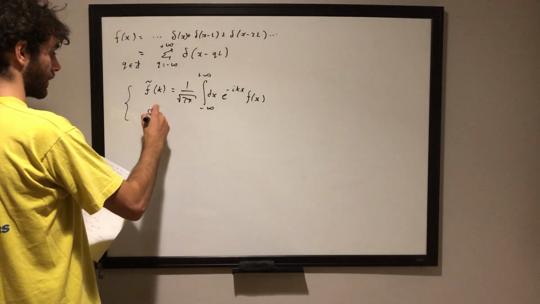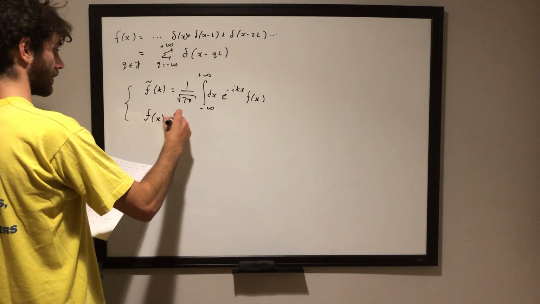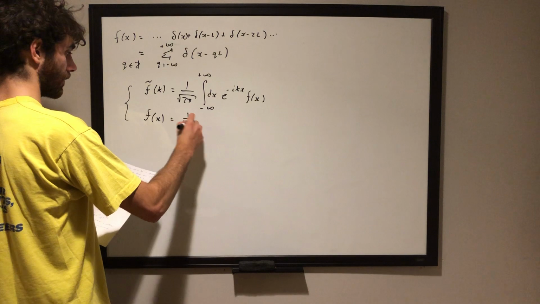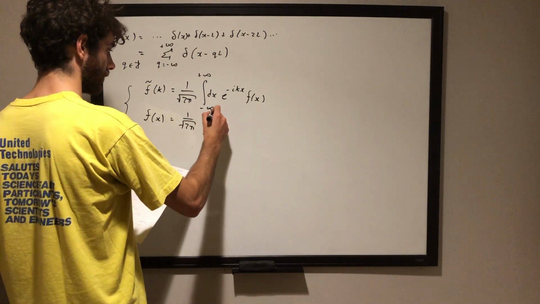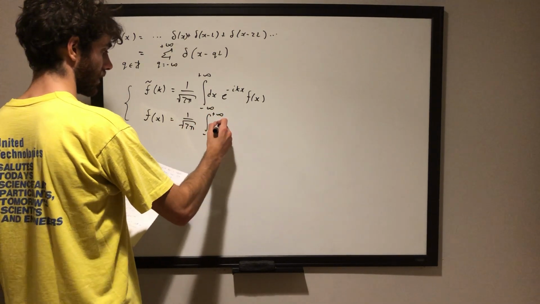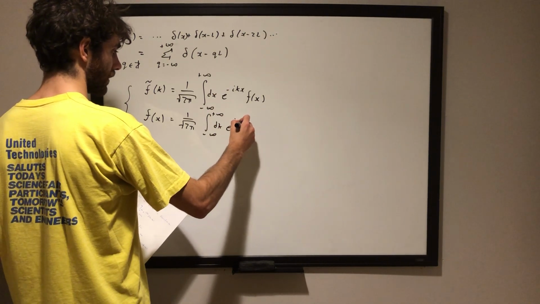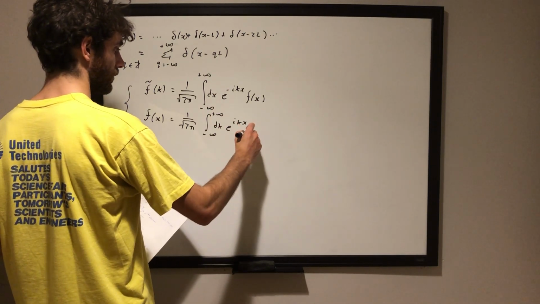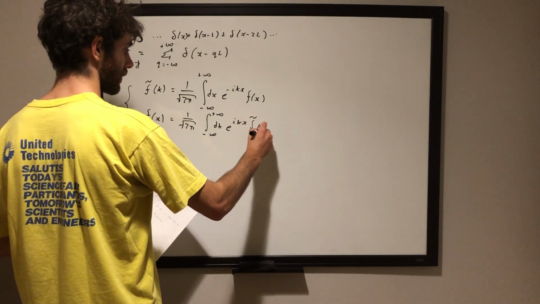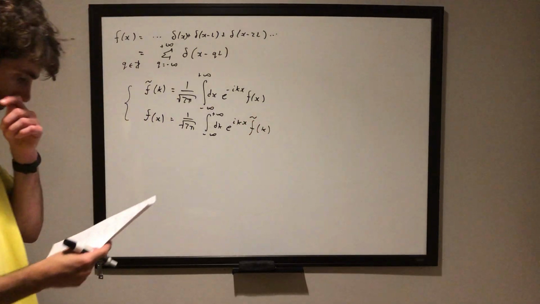And then the inverse relation is that f of x is 1 over 2 pi, basically the symmetric thing, except we send x to k here. The phase of the harmonic function changes, and this of course becomes the Fourier transform piece.